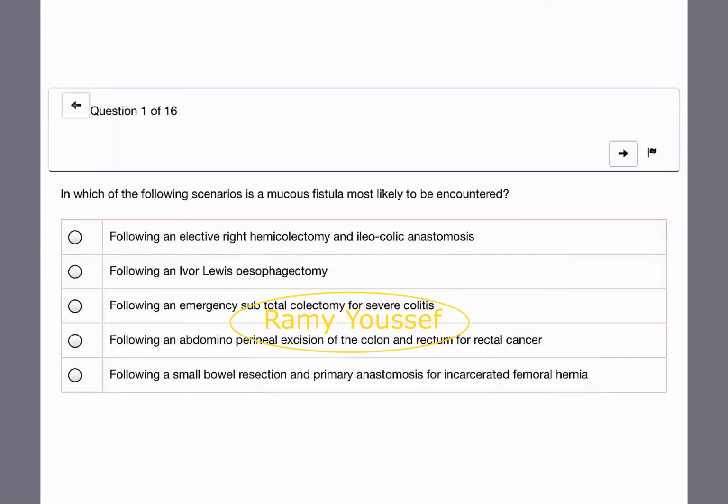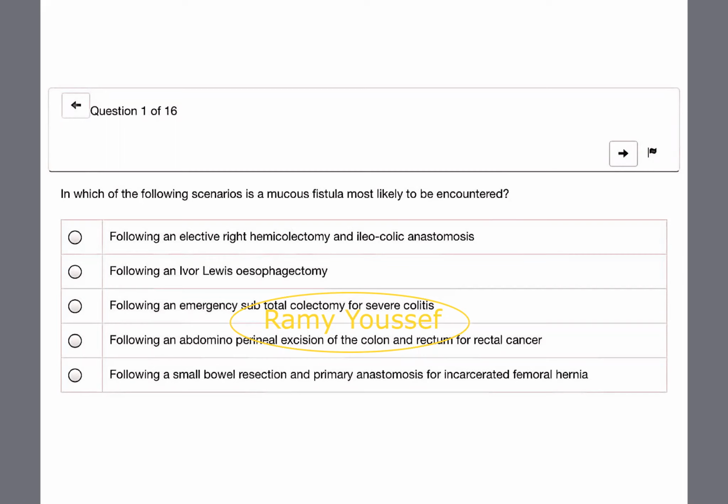In the C, we do a terminal ileostomy. I think C. Emergency subtotal colectomy for severe colitis. Okay, I think so, C.